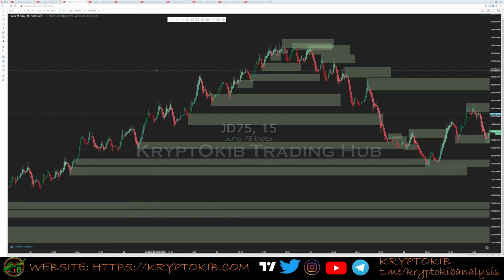I've been looking at these pairs for some days to weeks now, and this is the Jump 75 index. The jump index is an instrument that makes a jump, as in an extremely big movement, three of it in the space of one hour, and it has 75% volatility.